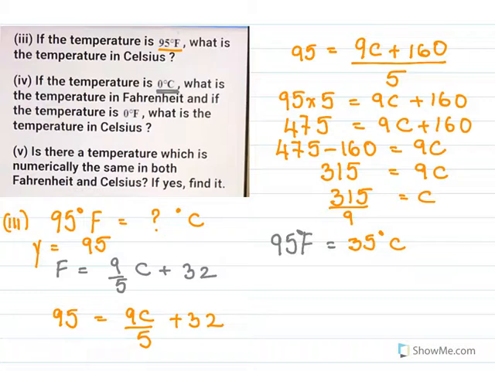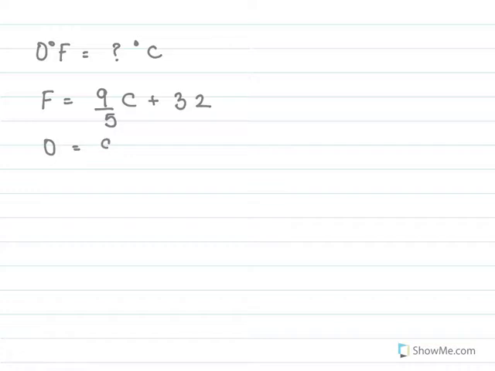Next, if the temperature is 0 degrees Celsius, what is the temperature in Fahrenheit? And if the temperature is 0 degrees Fahrenheit, what is the temperature in Celsius? So we want to know 0 degrees Fahrenheit is how much Celsius. So Fahrenheit is 9 by 5 Celsius plus 32. Fahrenheit we take 0. So we take 32 on this side, so it becomes minus 32 is 9c over 5.